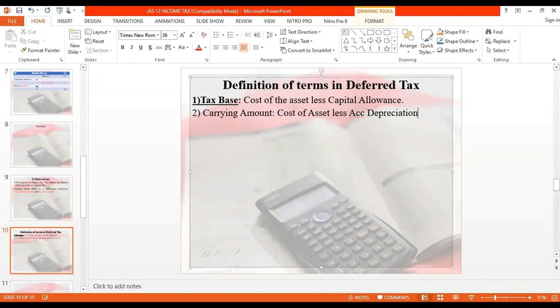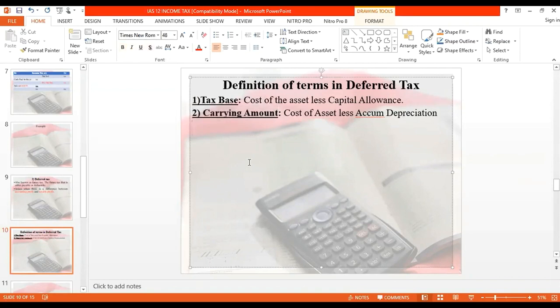I hope we are together there. It is also important, as it will affect our deferred tax.